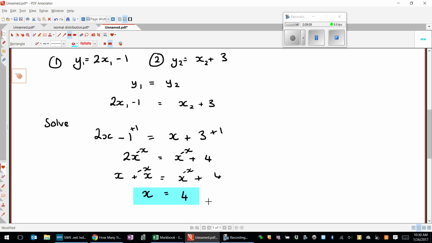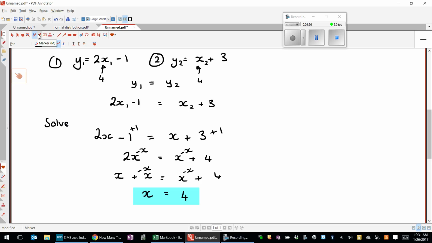But the question is, what is that answer? So does it now make perfect sense that if 4 goes in to either of those two, I should get the same y answer? So it doesn't matter which one I use, if I'm correct with what I found for x.